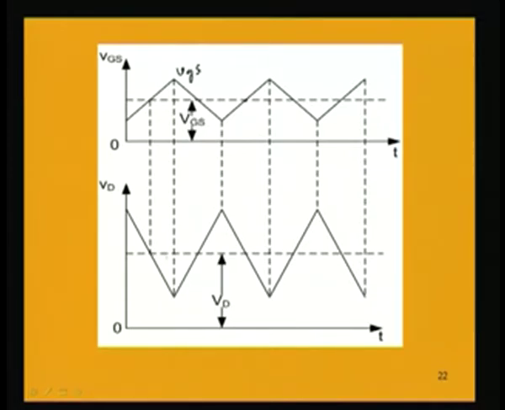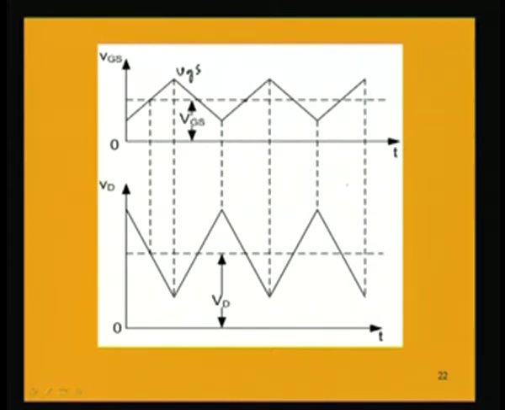So, this point corresponds to the negative peak, and the negative peak of the input voltage will correspond to the positive peak of the drain voltage. So, we will be getting the output voltage at the drain as shown here. It is amplified no doubt, but out of phase by 180 degree.